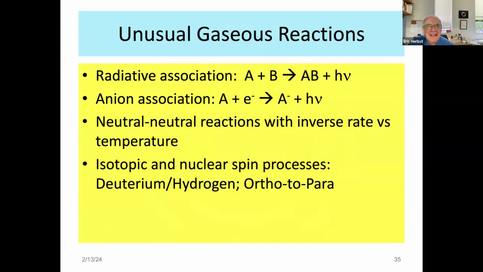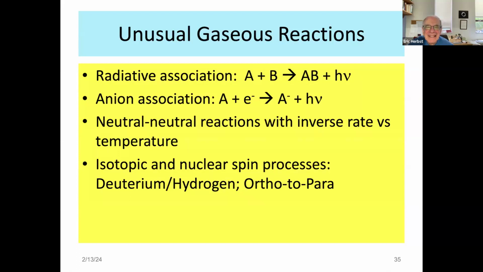For example, radiative association: in a very diffuse gas, diffuse by terrestrial standards, two molecules could actually come together and stick by giving off a photon. This is very popular, by the way, in nuclear physics, but it's very rare, and maybe only occurs in space in this type of gas.